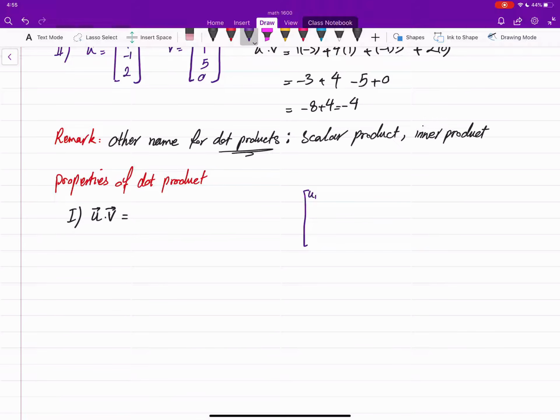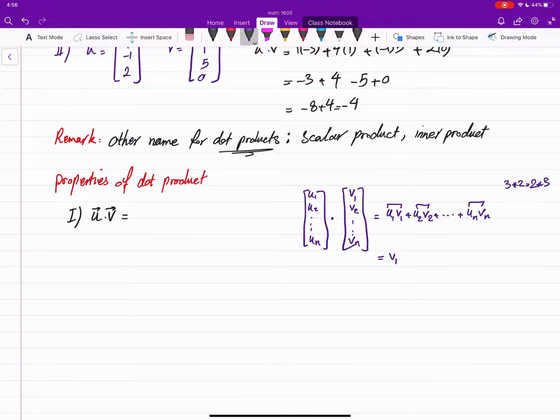Basically we have u1, u2 up to un dot v1, v2 up to vn. The result is this number: u1 v1, u2 v2, and this goes up to un vn. See that these are products of two numbers, and remember 3 times 2 is always 2 times 3. The multiplication of numbers is commutative, so we can switch the order.